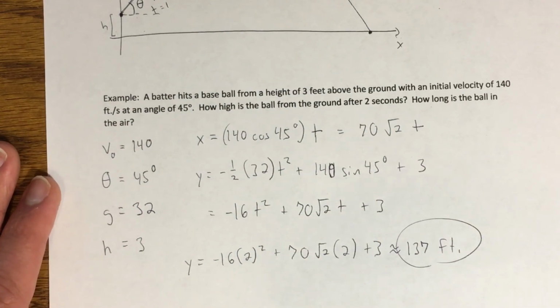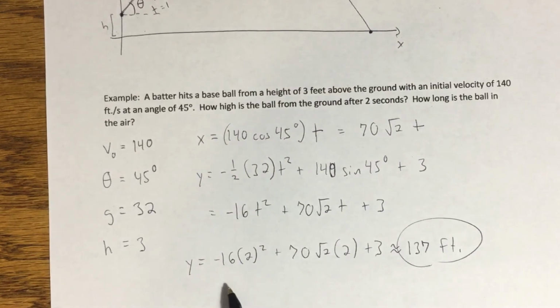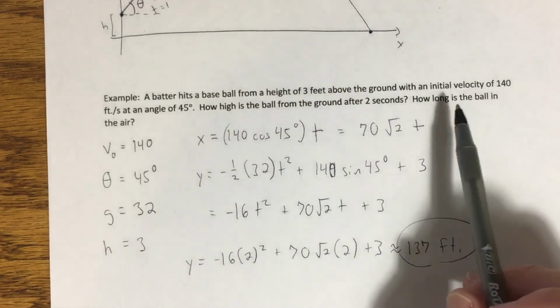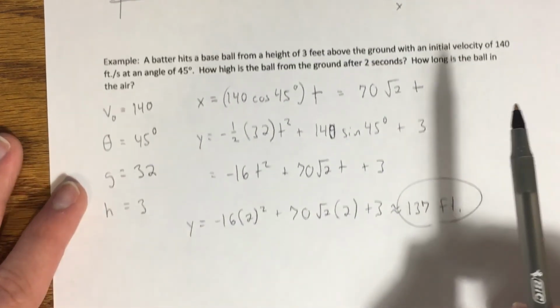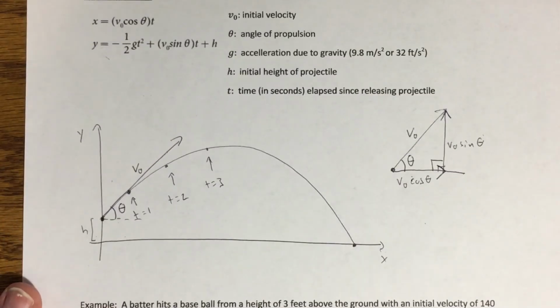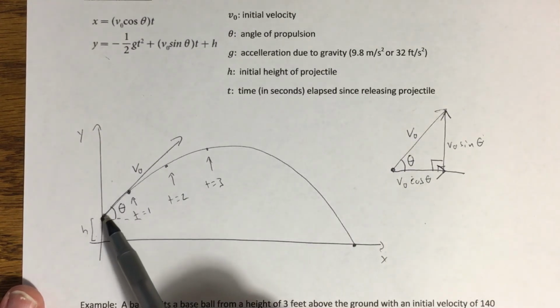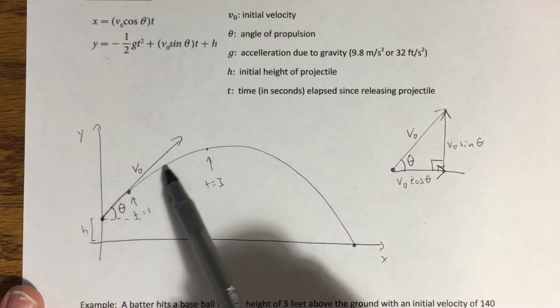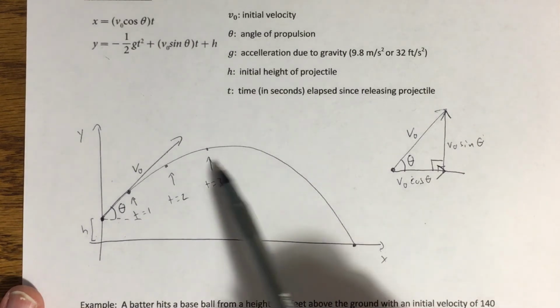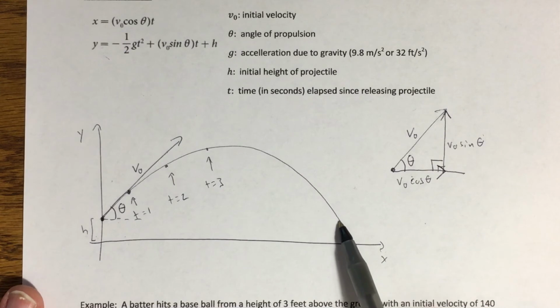Next thing we need to do is determine how long the ball has been in the air. Well, that's a unit of time, so we want a value for t. If you follow the trajectory of this ball, the ball is in the air the entire time it's on this parabolic trajectory, and we stop the clock as soon as it hits the ground.